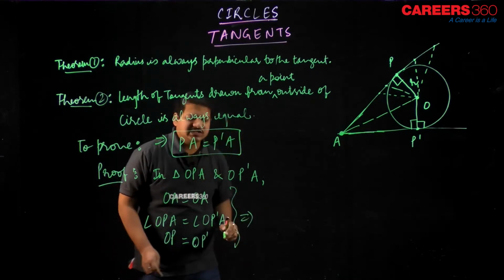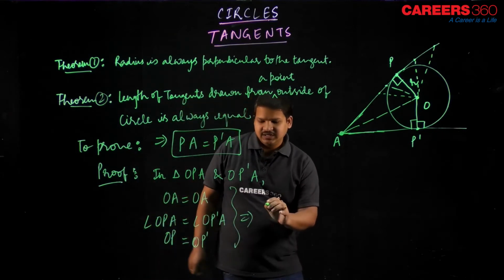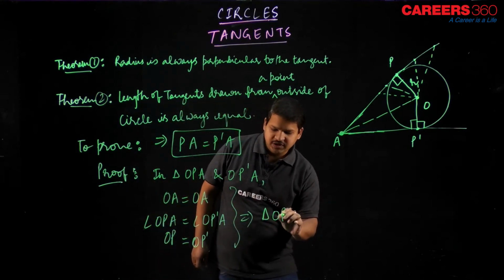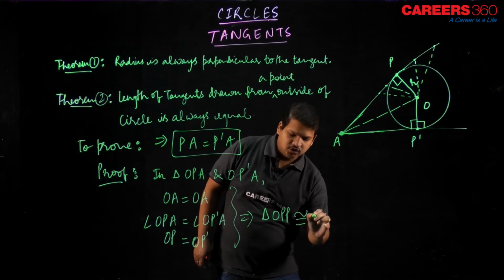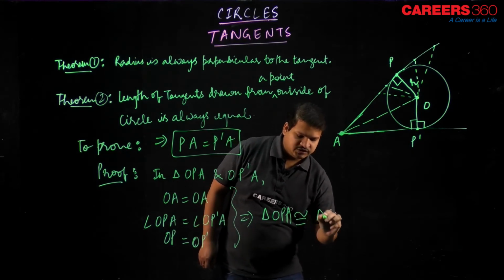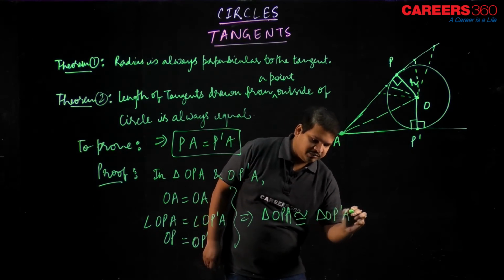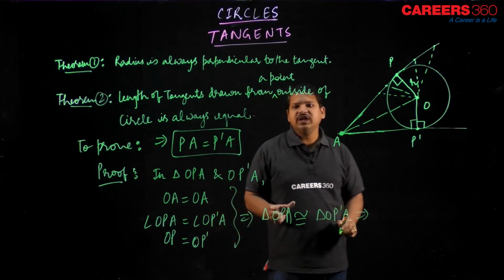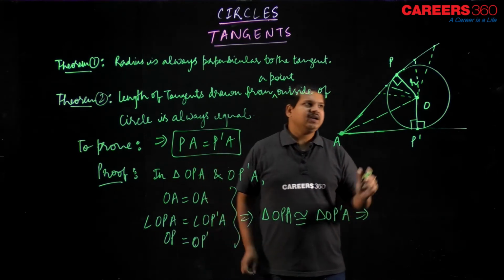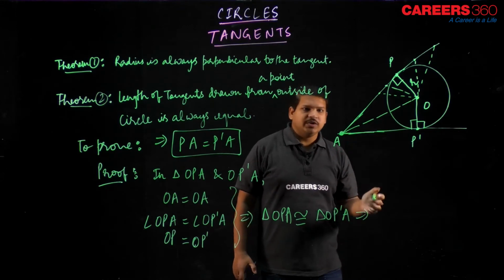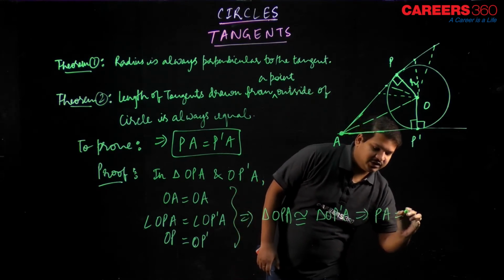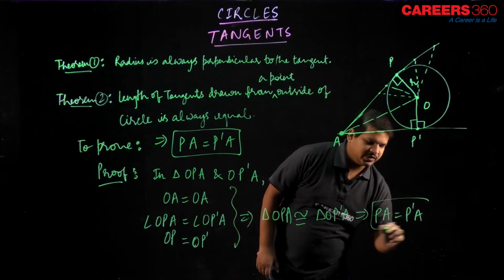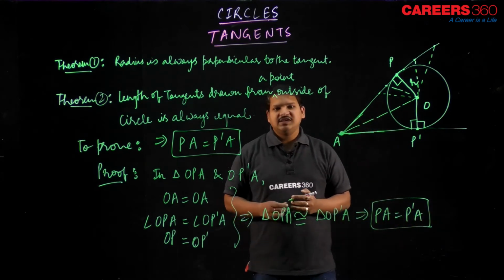From this I can say that triangle OPA is congruent to triangle OP prime A, and then respective sides will also be equal, that is PA will be equal to P prime A. I hope it makes sense to you.